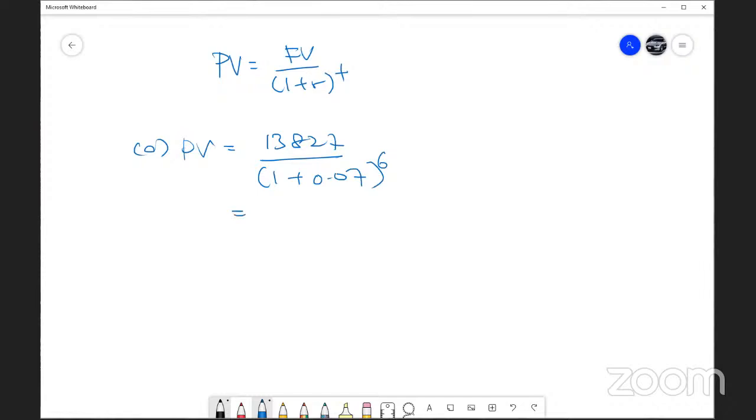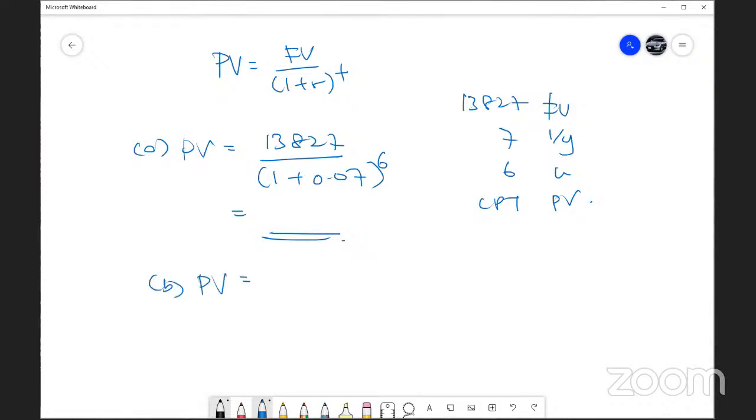What's the answer? For those who are using calculator, FV, you put 13827, 7% IY, 6, and compute PV. Very simple. So you should be able to get the figure here. Then next one, PV equals to 43852 over 1 plus 0.15 power of 9. What is the answer?